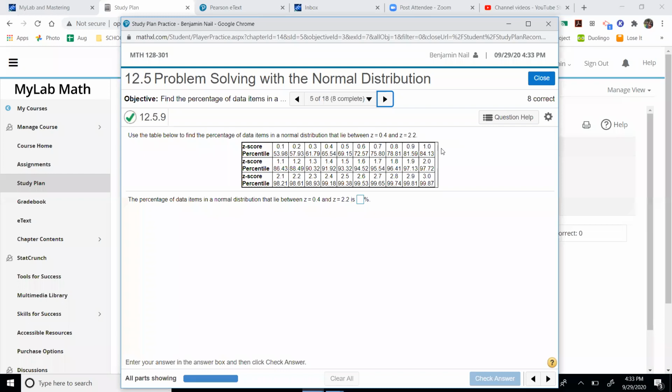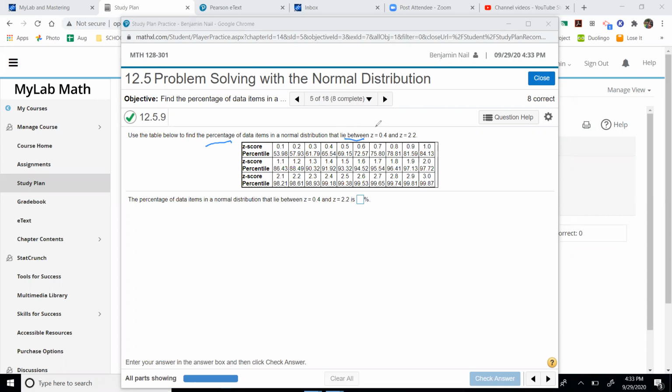All right, I moved ahead. We're at question number 5 now, and this gives us a different type of question. Very similar, but just a little different. Instead of the percentage of data below or above a specific number, we're looking for the percentage of data between two numbers.